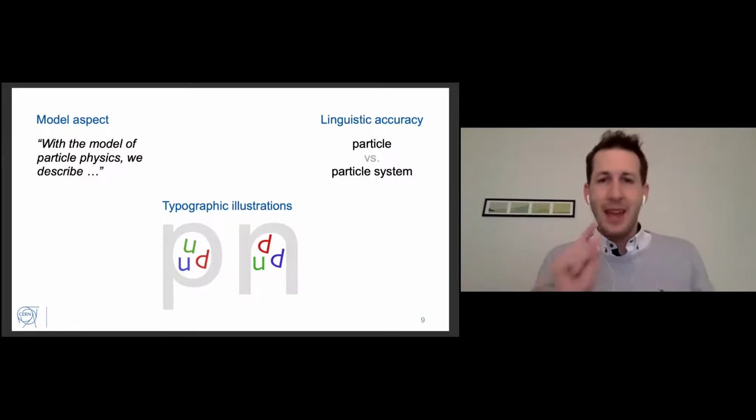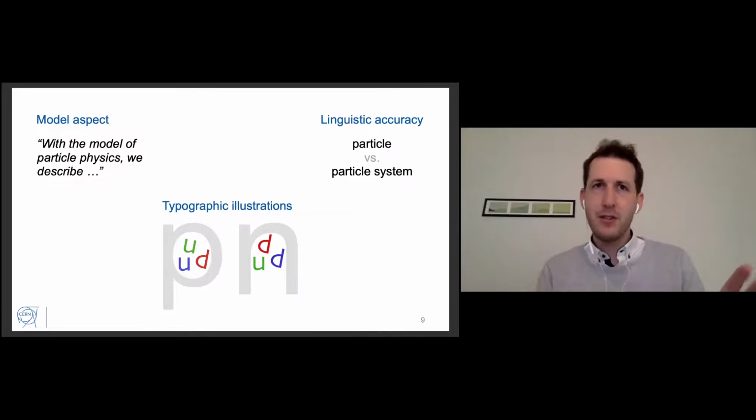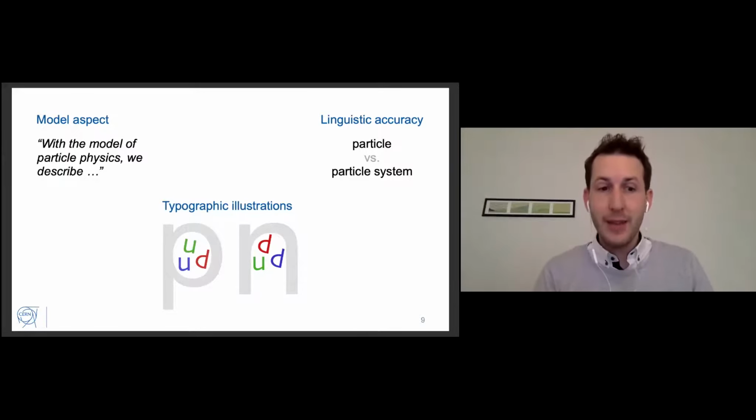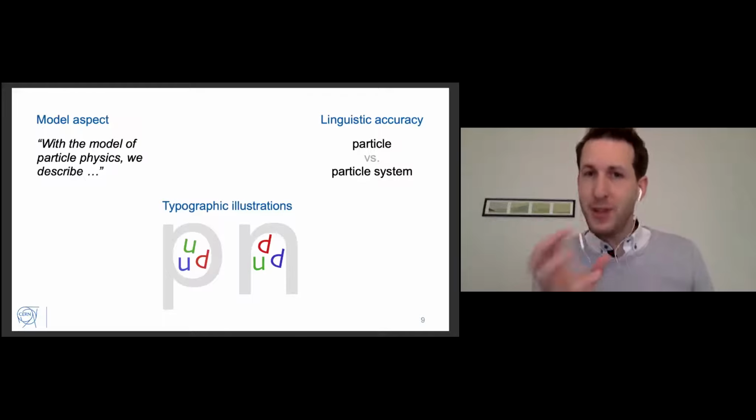Now, I want to briefly stay on this illustration of proton and neutron, because during such a workshop, it's very important for me to give you something that might be new to you, but might be helpful.